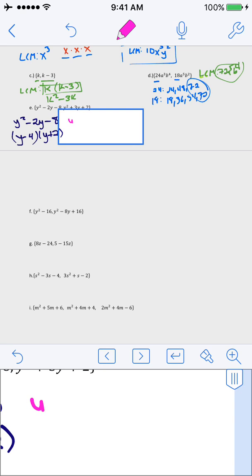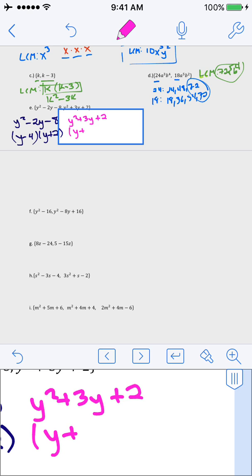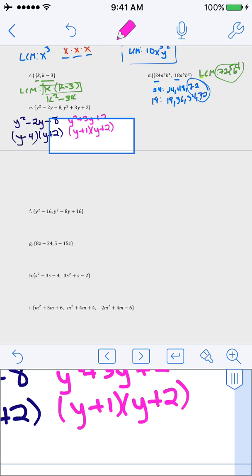Two things that multiply to 2 and add to 3. I'm thinking 1 and 2. So y plus 1, y plus 2. And again, I just used the trick because I noticed y had an a of 1 on it. Again, check out 6.2 if you don't know what that means.